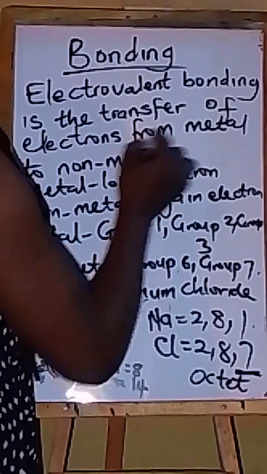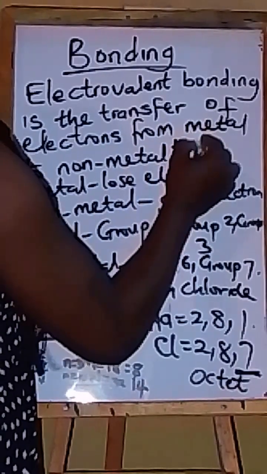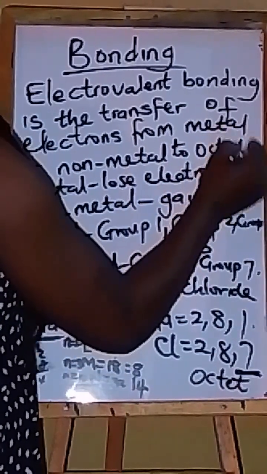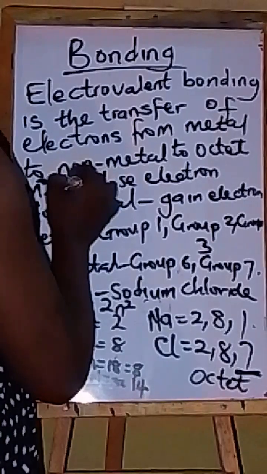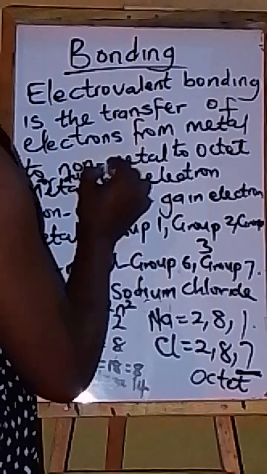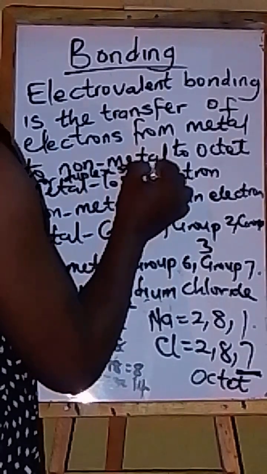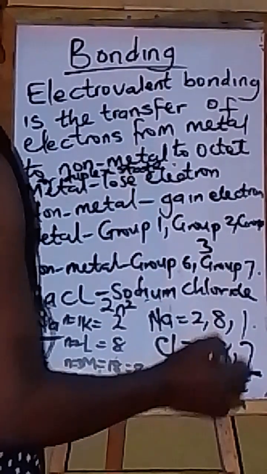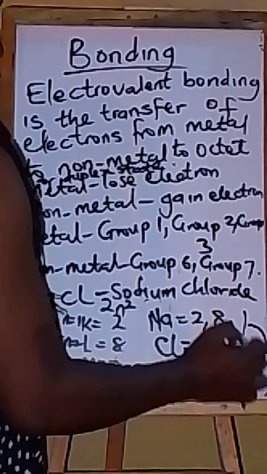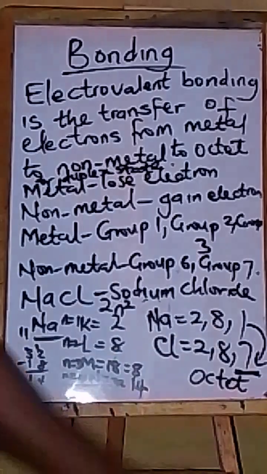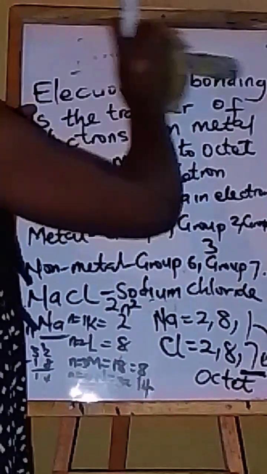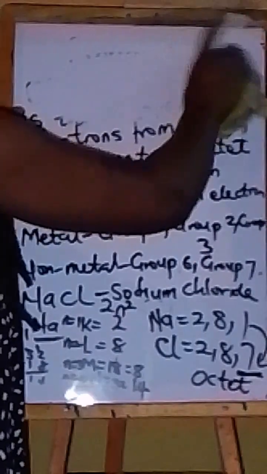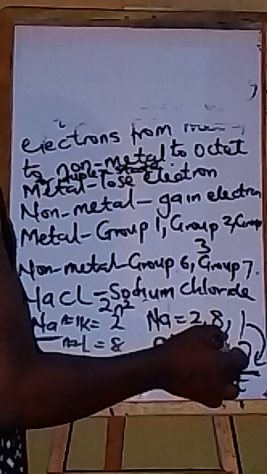Because for them to be stable, they have to attain an octet or a duplex state. So this one will lose 1 electron.